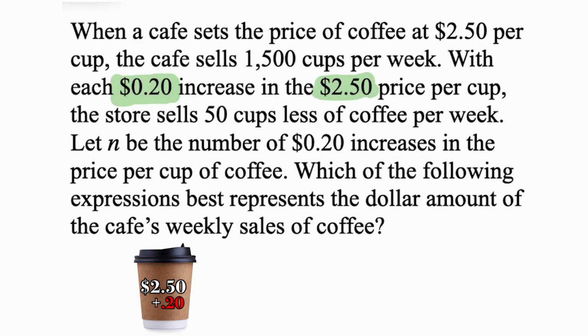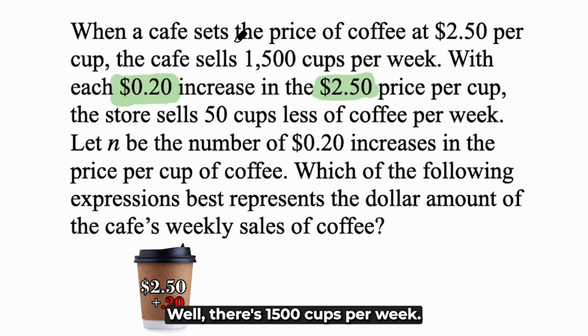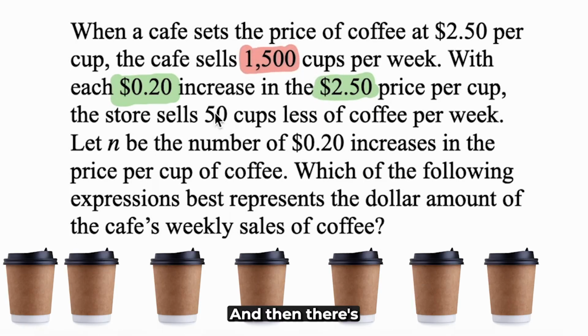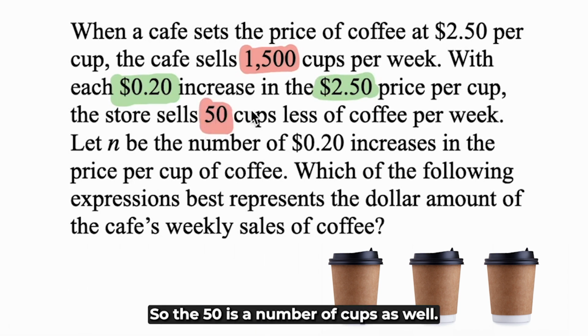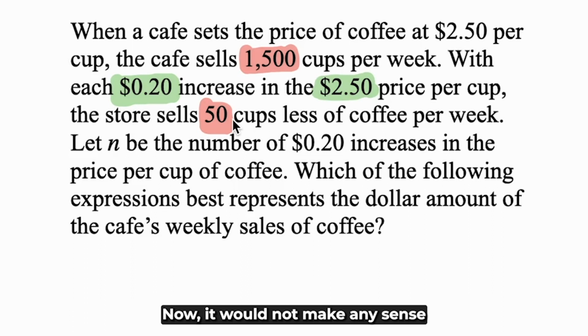Green is money, right? What about the cups? Well, there's 1,500 cups per week. That's one of the numbers we're using. And then there's something about selling 50 cups less per week. So the 50 is a number of cups as well. Now, it would not make any sense to combine numbers with different units.